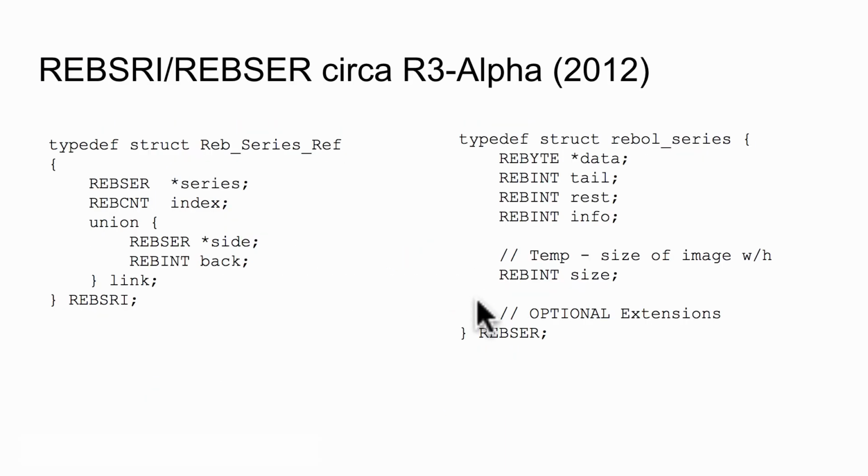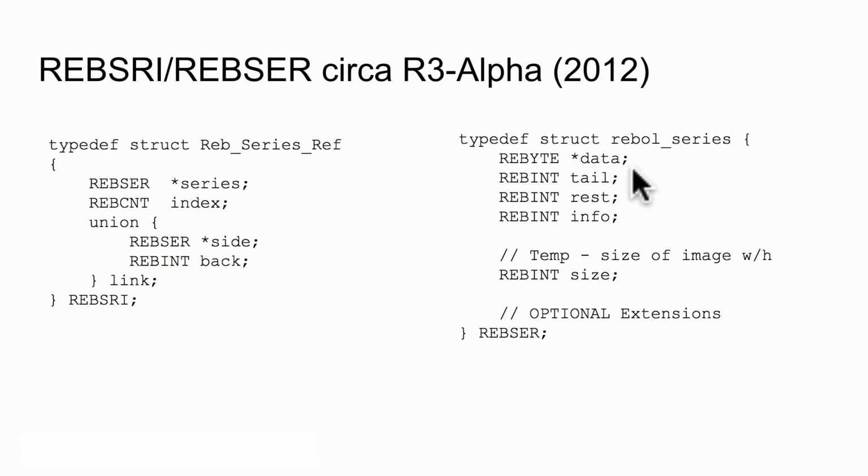Now, obviously, values that have varying sizes, like strings or other blocks, you can't fit an arbitrary amount of data in 4 platform pointers. So that series index, these fields that were inside that value cell, that RebSeries, just points out to what we might call a series node. It had a pointer to the data.